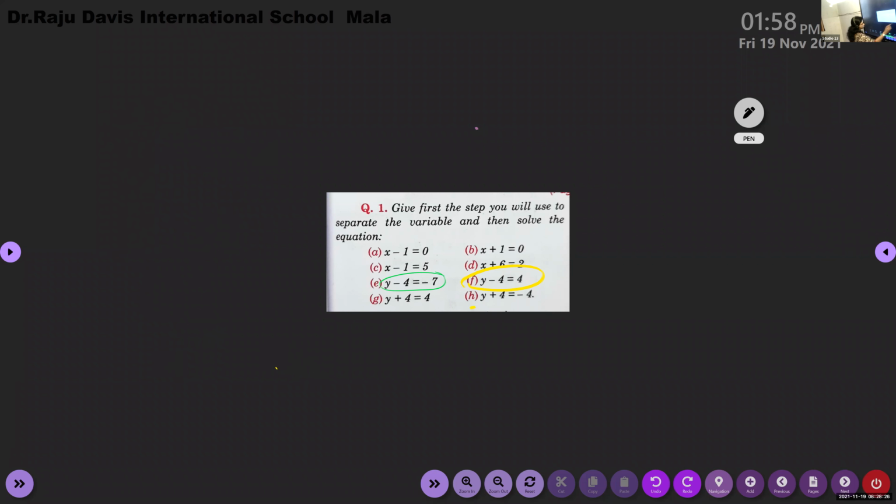One more problem is there, that also we can complete, then proceed. Okay, can I do the next one? You try, Anlin, this one: y plus 4 is equal to minus 4. Which number you will take to the right?